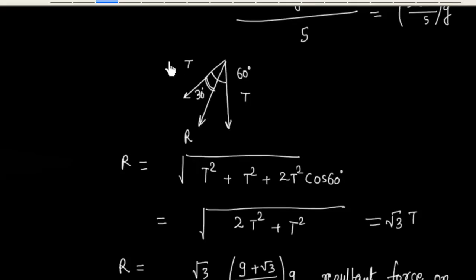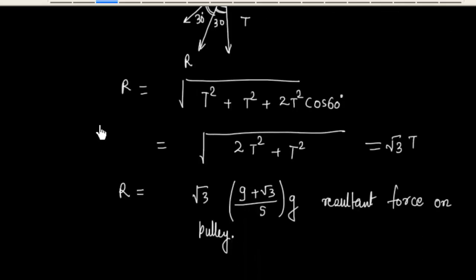You can also say what is the angle from the horizontal. So you see, from the horizontal this angle is 30 degree, this angle is also 30 degree. So this angle is 60 degree. So from horizontal resultant is making a 60 degree angle, and from vertical resultant is making a 30 degree angle.